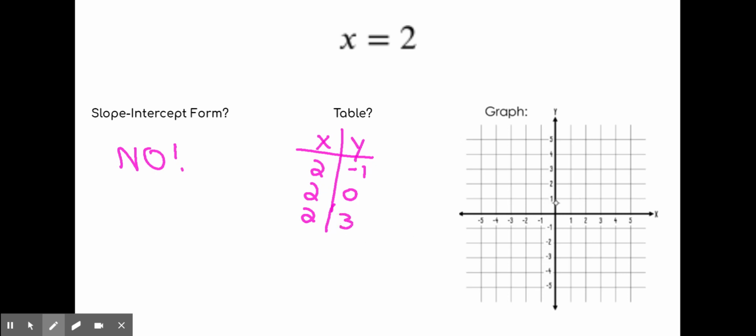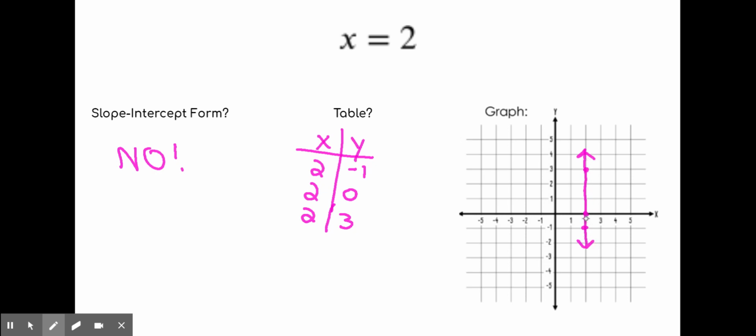Okay, so let's graph. So if I go 2, -1, that's that point. 2, 0 is here, and 2, 3 is here. All right, here goes my line drawing skills with this pen. That may be the best one yet. What do you think? Okay, so what kind of line is that? That is a vertical line, right?